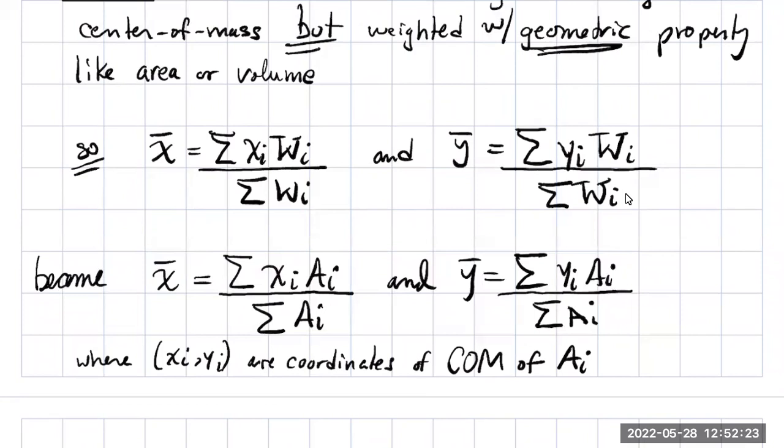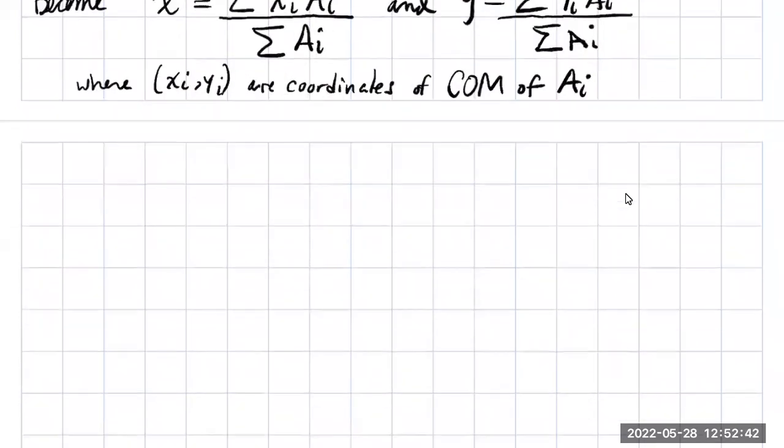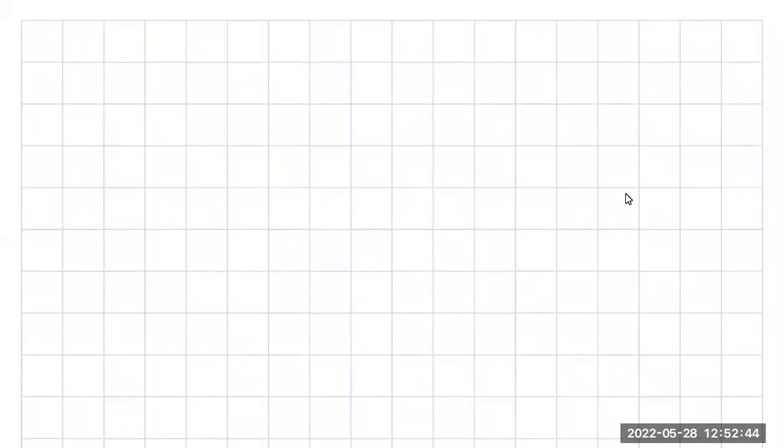We'll say something about variable densities later on, but for now, we talk about our areas, geometric shapes, being of constant or uniform density throughout. All right, so here's an example of what that looks like. Let's suppose we have the following, we call it a composite shape, a composite shape.